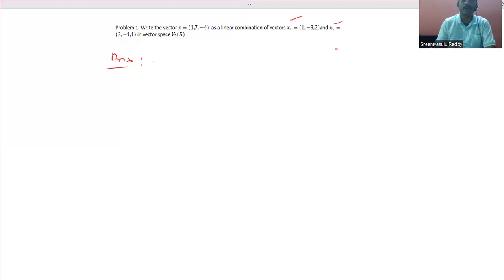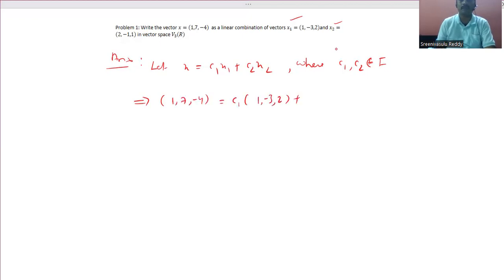So let x be a linear combination of x1 and x2, where C1, C2 are field elements, either the real field or the complex field, whatever it may be. Now substitute the values of x, x1, x2. The left hand side x is a 3-tuple. C1 times (1, minus 3, 2) plus C2 times (2, minus 1, 1).